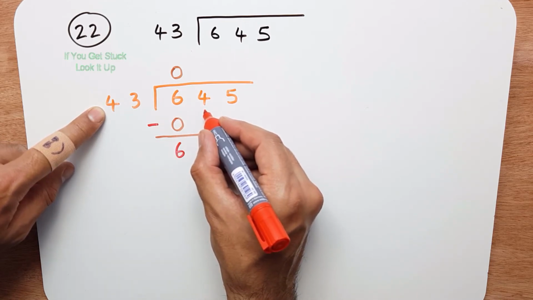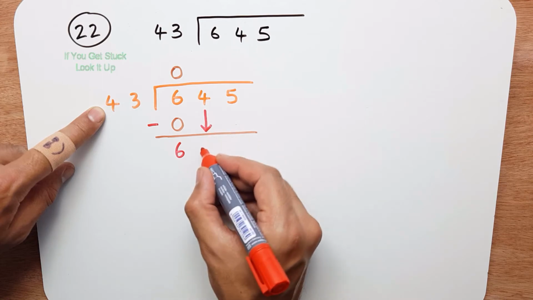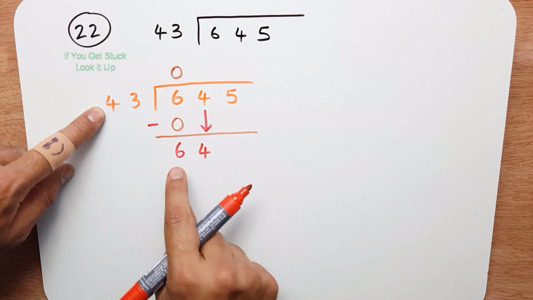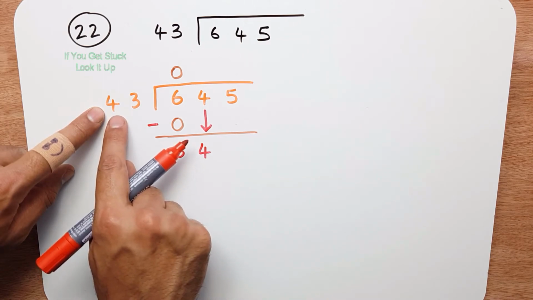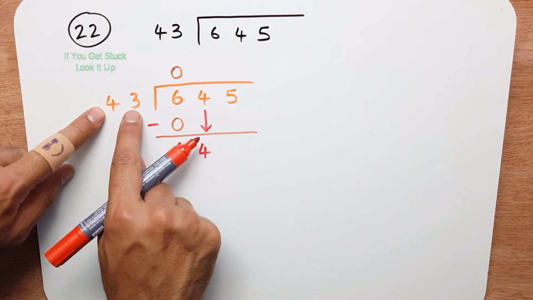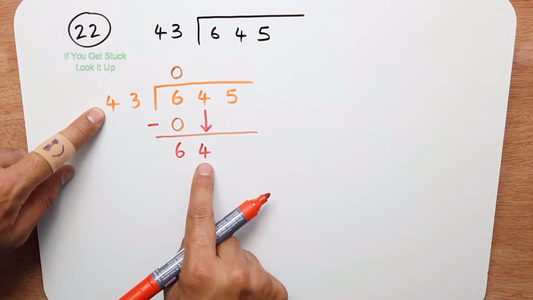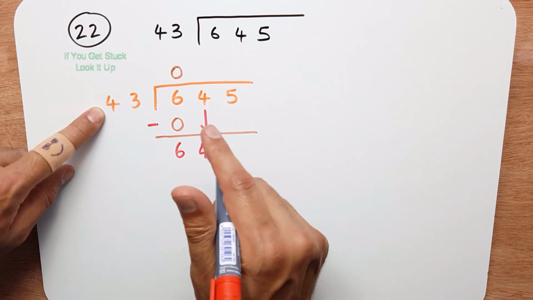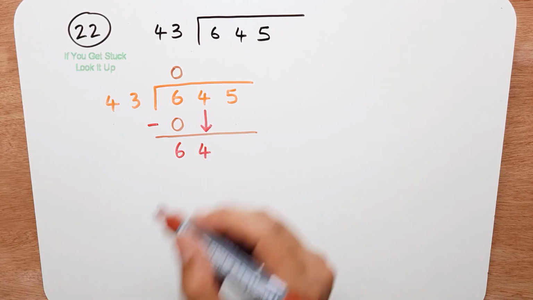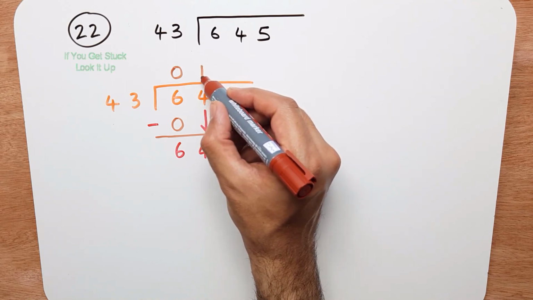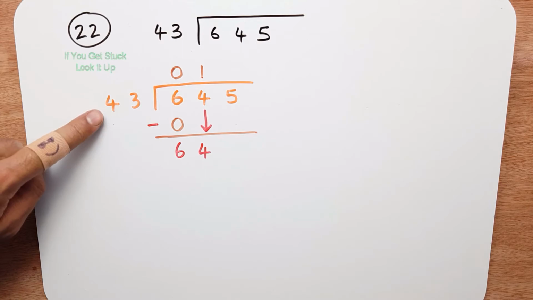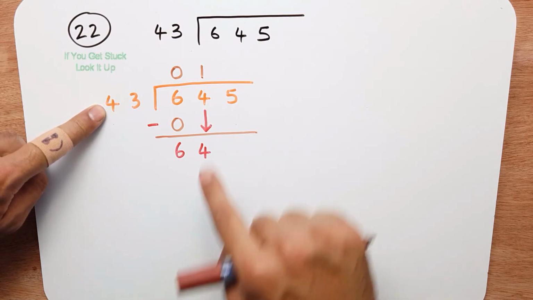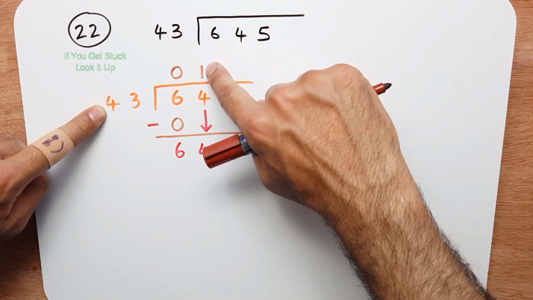And now I have to bring this 4 down. So now I've got 64 here. Now my next question is, how many 43s have I got in 64? And we did that earlier and we got 1. So I'm going to write that 1 here. Now again, carefully, I have to do 43 times this 1.